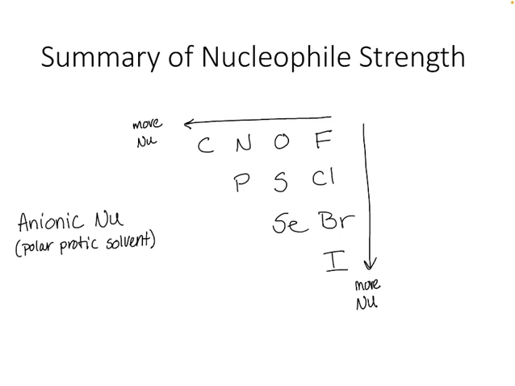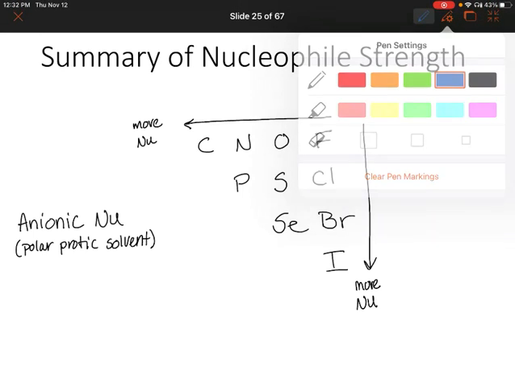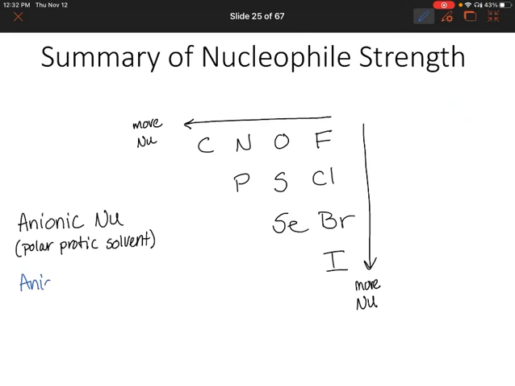Okay, so let's consider an anionic nucleophile in a polar aprotic solvent. So this time we don't have hydrogen bonding, just dipole-dipole interactions. And remember, polar aprotic solvents don't solvate anything that well, or at least they're not going to have really strong hydrogen bonds.